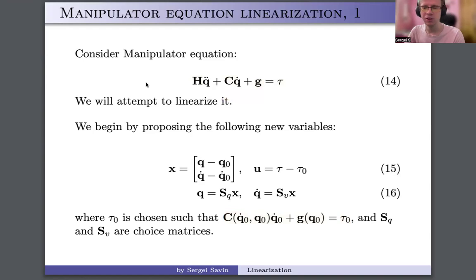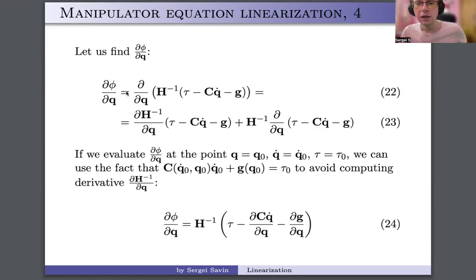All right. Now let's go back. So since we're talking about this linearization point, we said that this is equal to this. But you see here, what we have is tau minus this expression, C q dot plus g, right? So in fact, if we take a linearization point, as we suggested, then this expression would go to 0 if we linearize around a node.